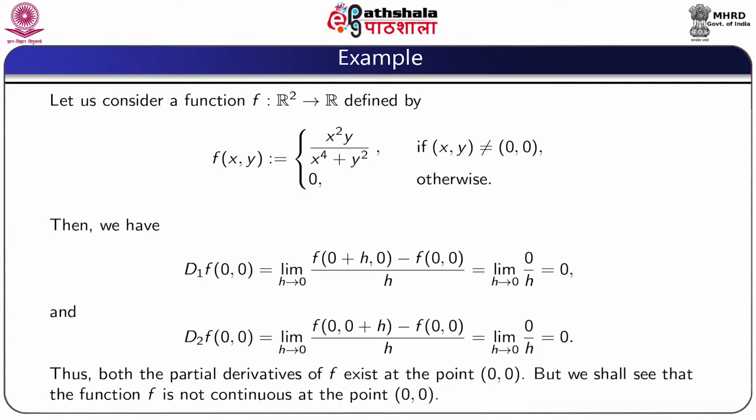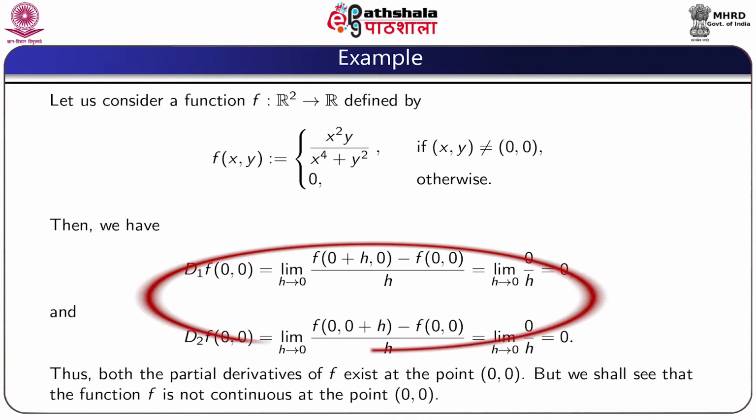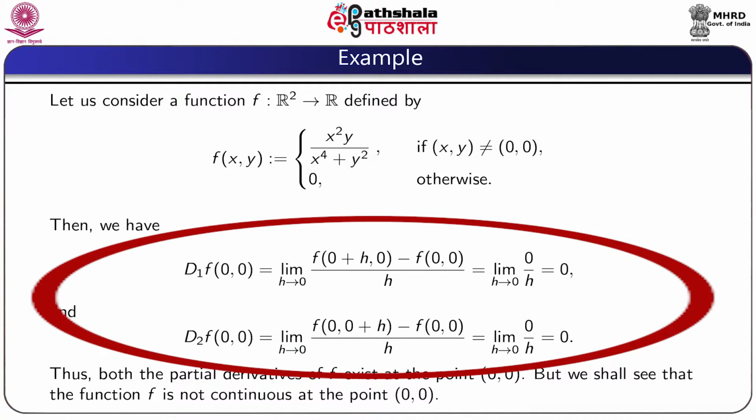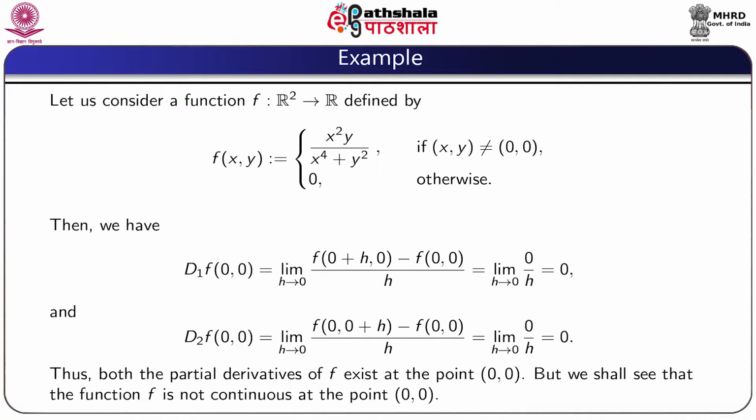Now first we fix the second variable y and consider the first partial derivative. We find del f del x at the point (0, 0), which is the limit of f(0 plus h, 0) minus f(0, 0) by h as h tends to 0, which is nothing but 0.